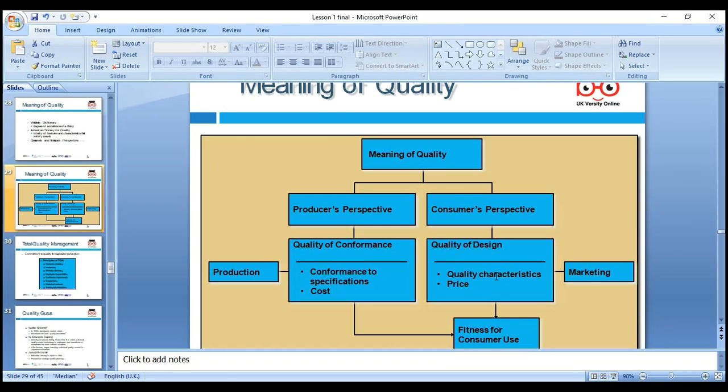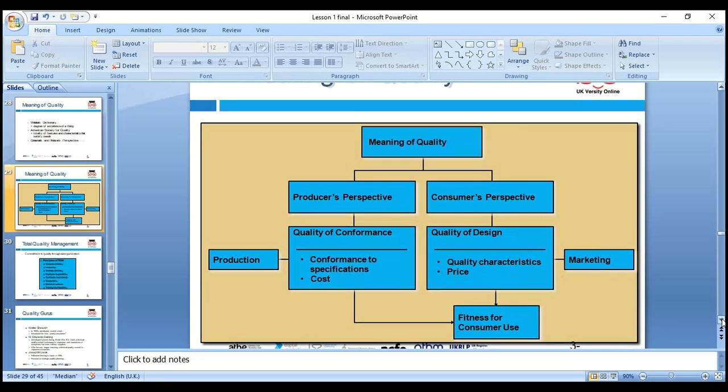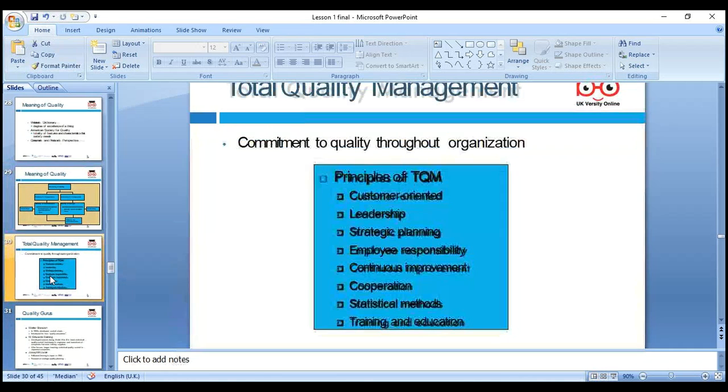If you're drinking a cup of tea in Marriott Hotel and a cup of tea at the corner shop on the roadside, you expect the quality. That's why you're paying 1,000 rupees and 100 rupees, 900 extra. Why are you paying it? Because you want a relaxed environment there. Then, of course, fitness for commercial use: is it commercially viable or not?